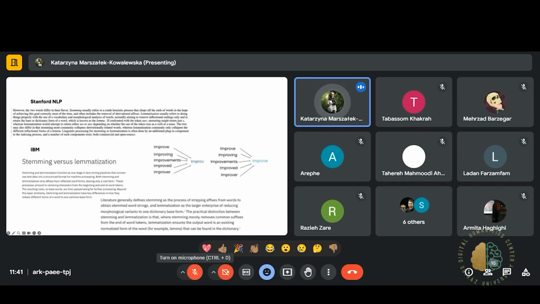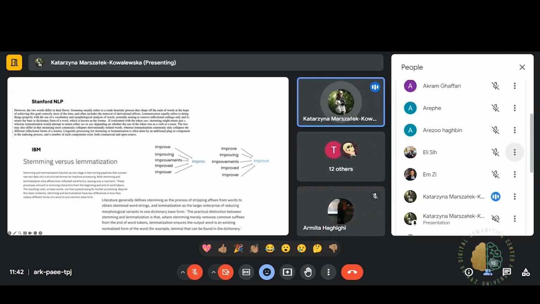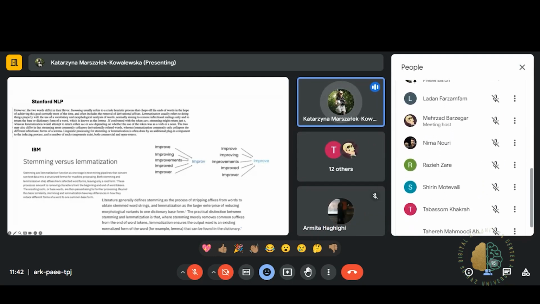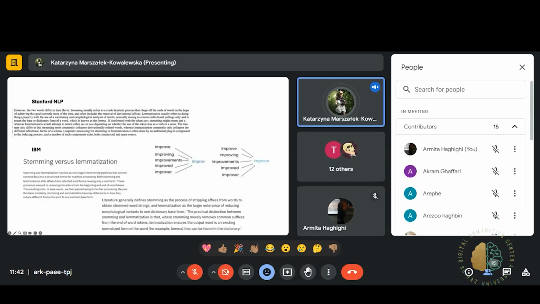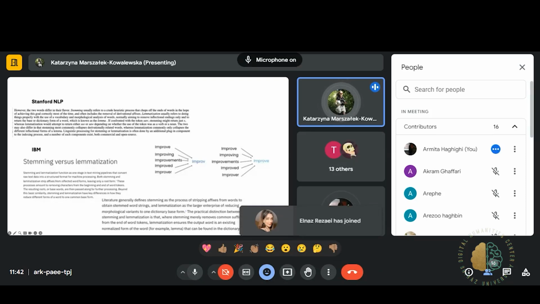Here you can see some of the references from Stanford NLP and IBM, and I will stick to the definition presented there. So stemming is when you are reducing the word or the token to a stem, and lemmatization is when we are retrieving the canonical form. I don't think Amin is here, so I will just send him an email about it.